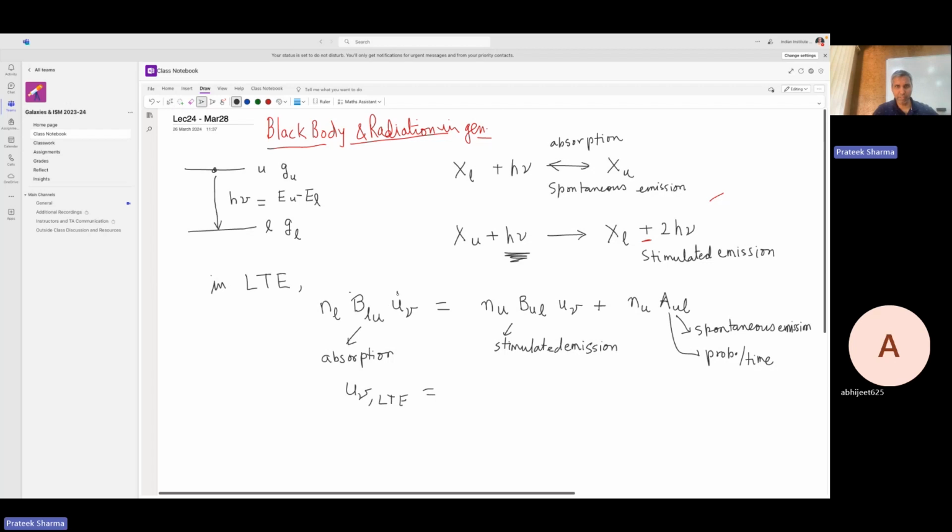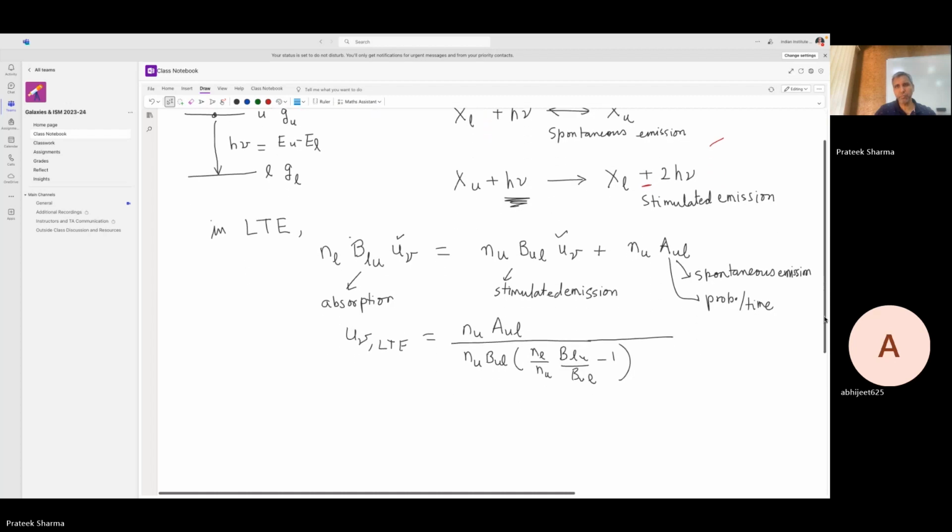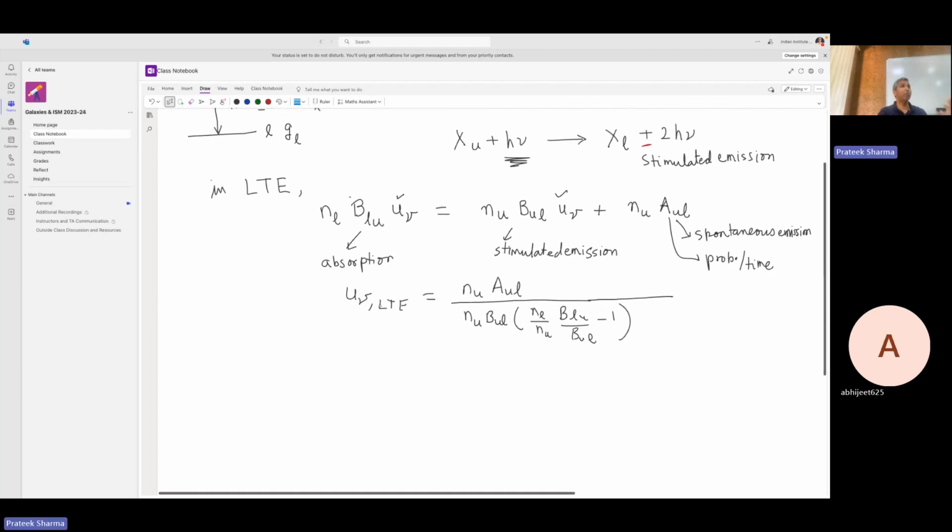We just bring this to the left and manipulate it so that you get N_U A_UL divided by N_U B_UL times (N_L B_LU by N_U B_UL minus 1). So this is what your photon energy density per unit frequency should look like in LTE.